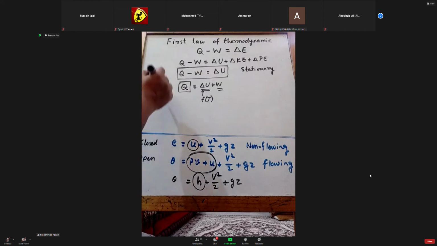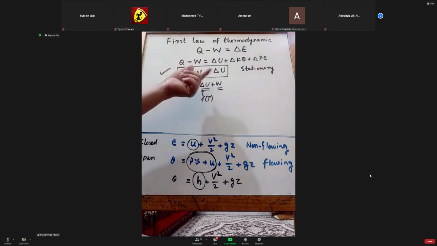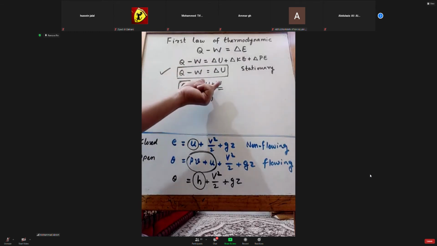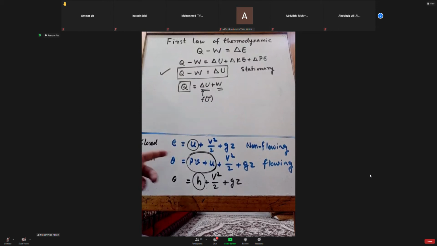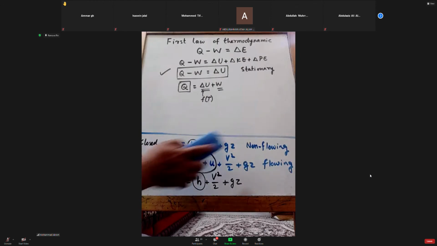So this is the simple and famous equation for the first law of thermodynamics: Q minus W equals delta U, or Q equals delta U plus W. Or if you have a flow work, then what will happen? Then the equation will change.